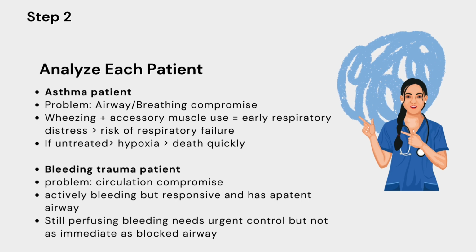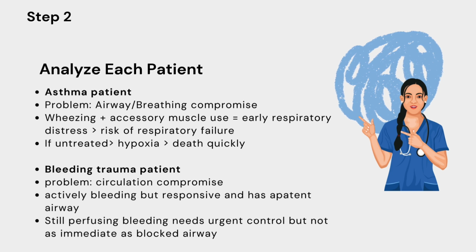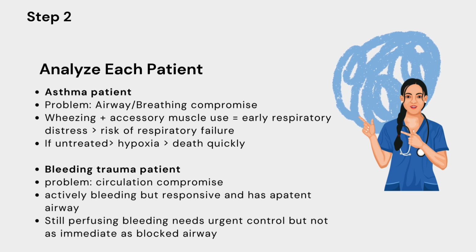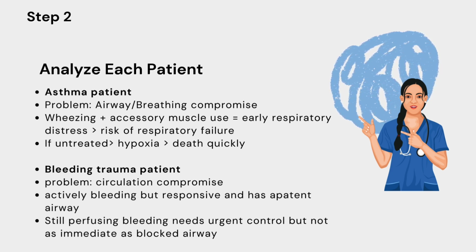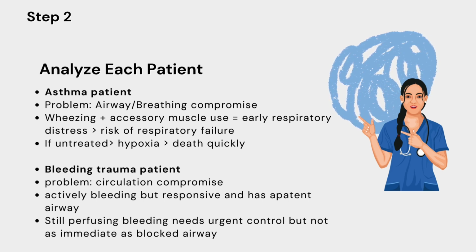So we're going to look at the bleeding trauma patient. This patient has a circulation compromise. The patient is actively bleeding, but responsive and has a patent airway. Still, profuse bleeding needs urgent control, but not as immediate as an airway that is blocked or compromised.